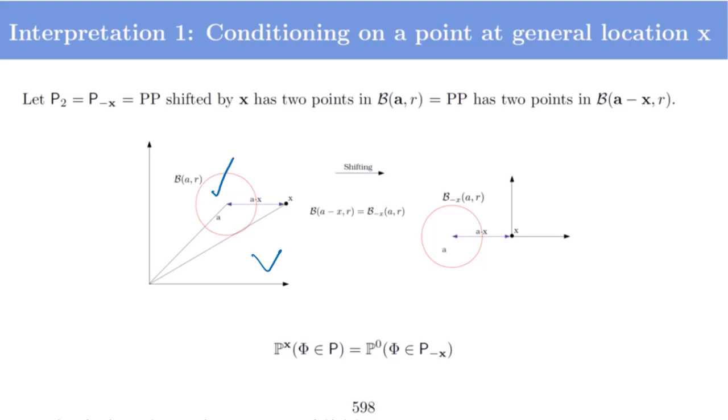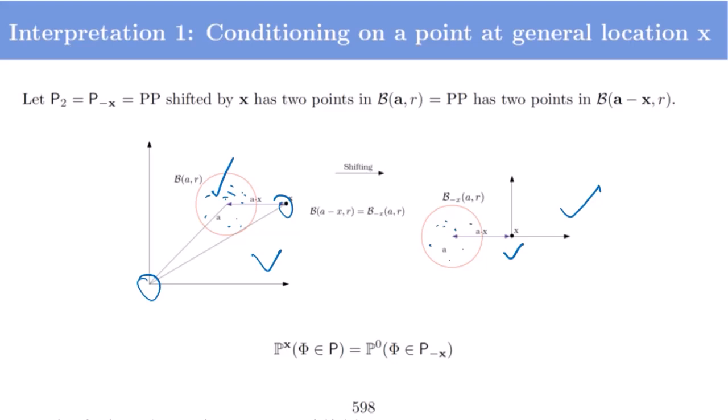Now if we shift this point process, shifting the origin to x, so x will be the new origin, and now we condition on a point at this location, then you can guess that all the points which were here will come to this, because we are only shifting the origin. So when you shift the origin from this to this, all the happenings in this area will happen now here.